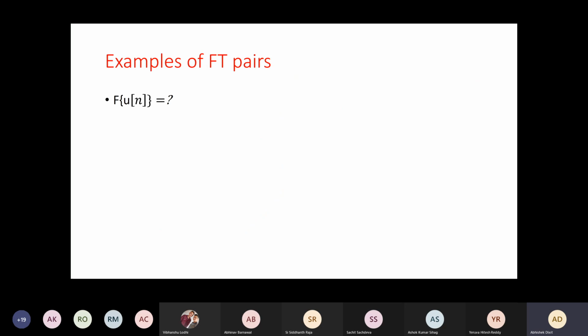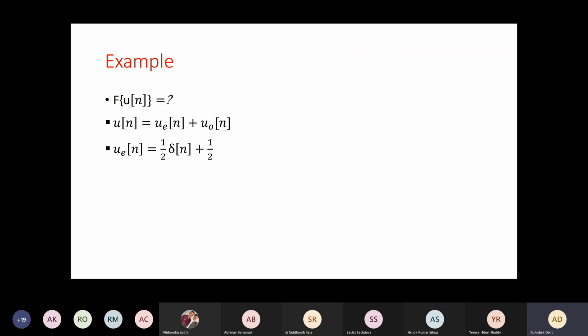So let us see. What I am trying to do is to compute the Fourier transform of un. Un I have decomposed into even part and odd part. Even part of un, what is it? This is un plus u minus n by 2, right? Everyone knows this.